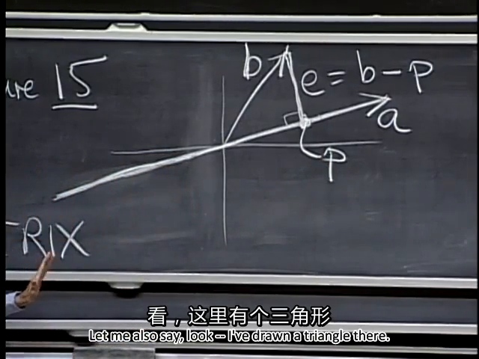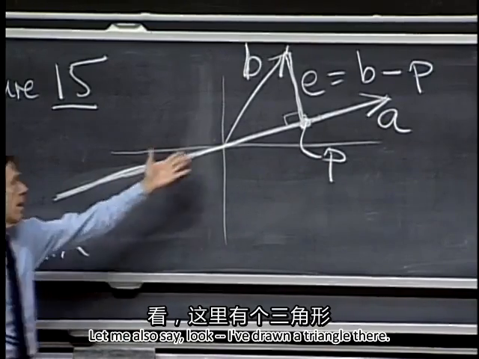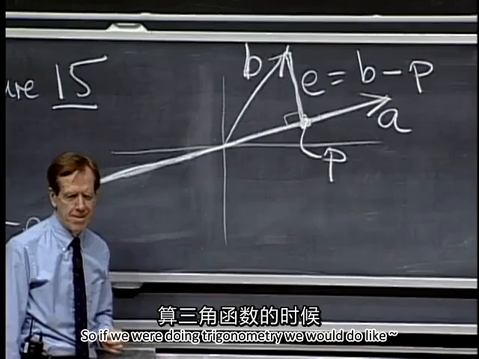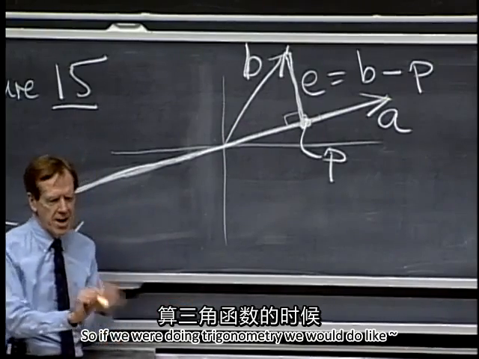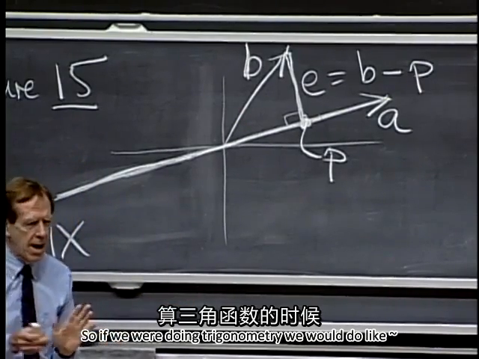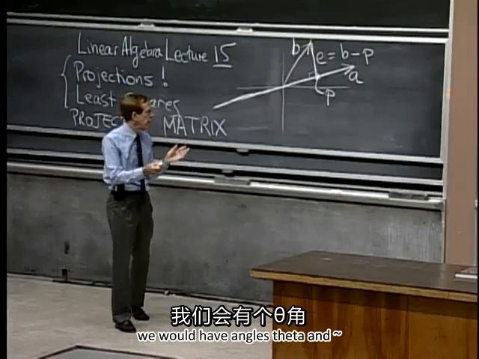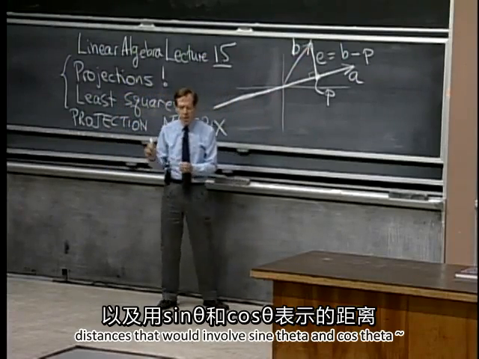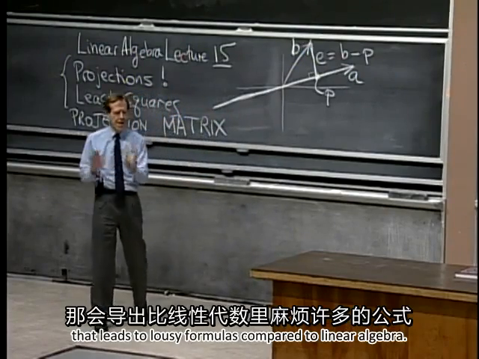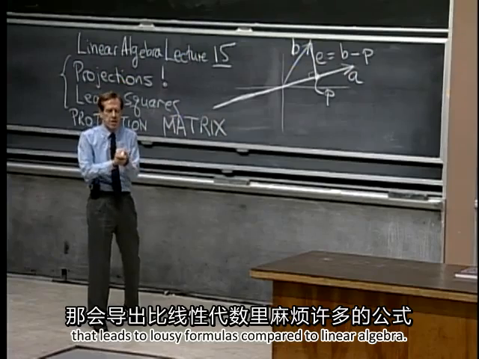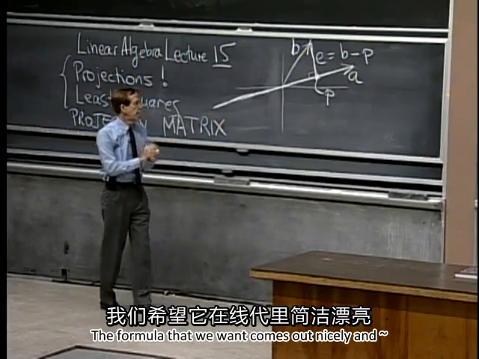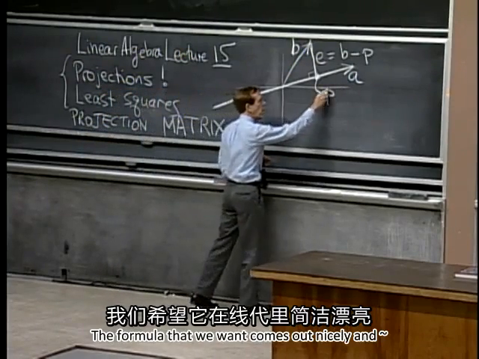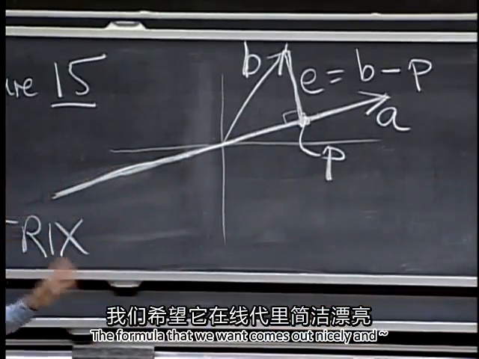Let me also say, I've drawn a triangle there. If we were doing trigonometry, we would have angles theta and distances that would involve sine theta and cos theta. That leads to lousy formulas compared to linear algebra. The formula that we want comes out nicely.